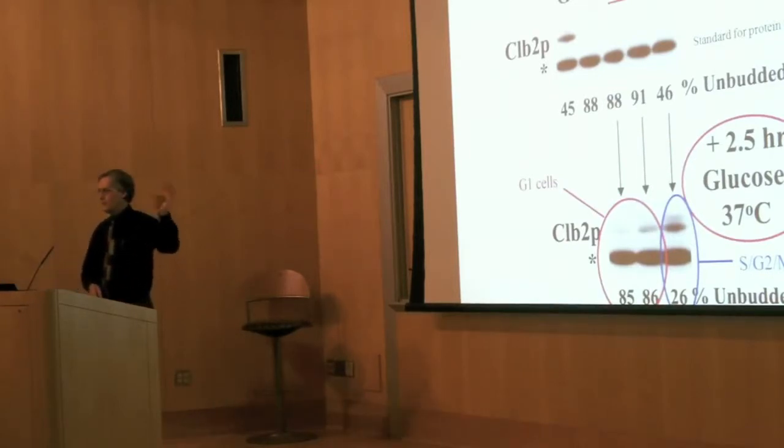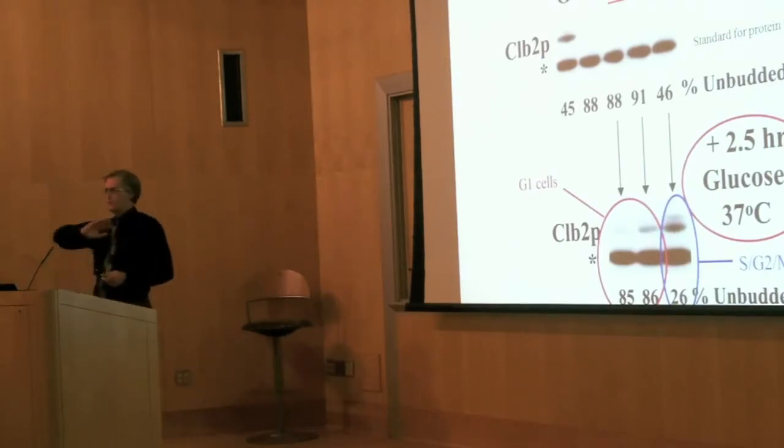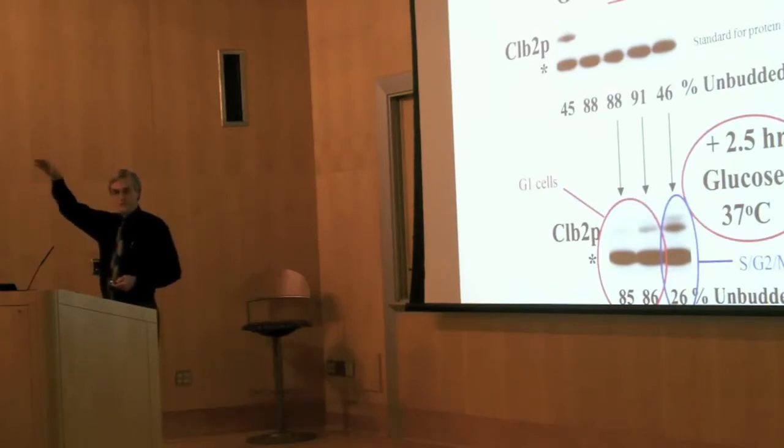Maybe a few of them were able to get into the other phase of the cell cycle. But if you made an hour's worth of Clin-3 and then you shift into neutral, now 75% of the cells are budded and there's lots of Clib2. That means a lot of the cells have made the transition and they're now in the upper states.